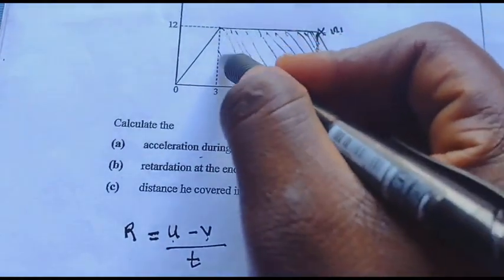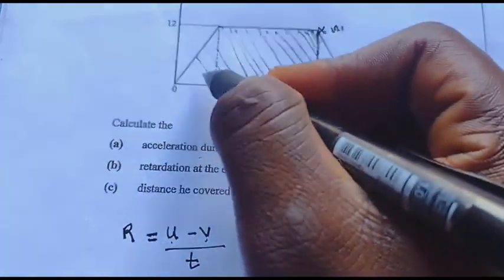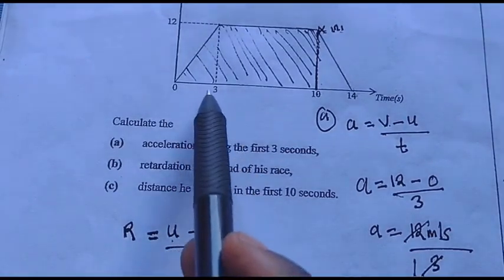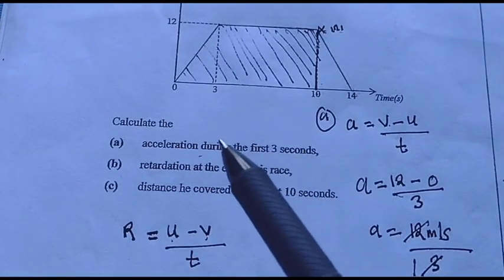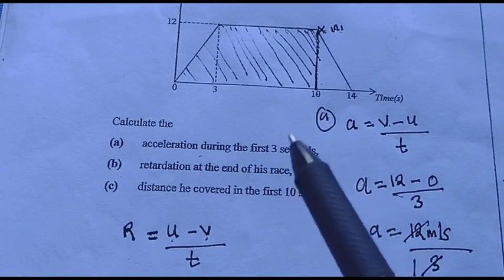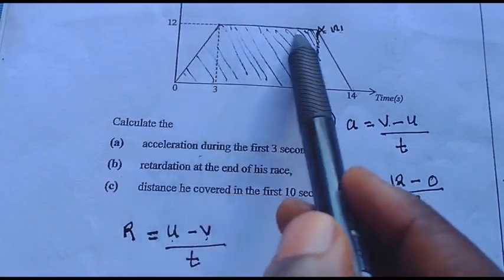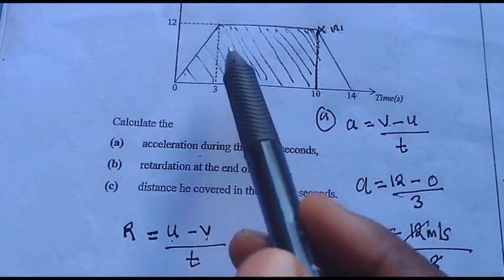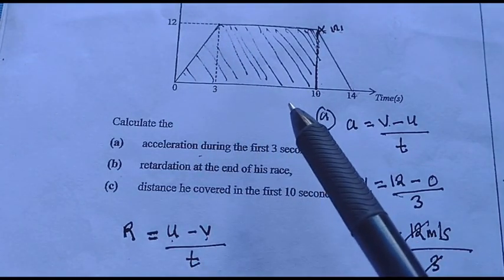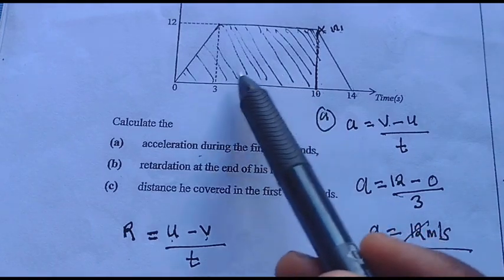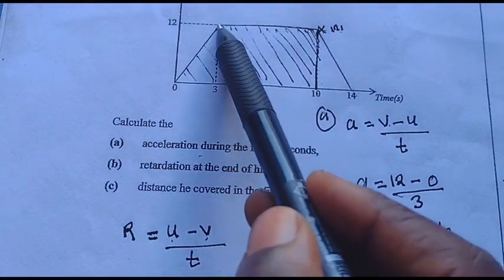So this is the distance they want you to find in the first 10 seconds. Now from here, there are two formulas that you can use. Distance under a graph, we just consider the area of the shape.